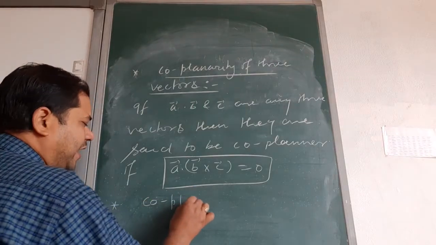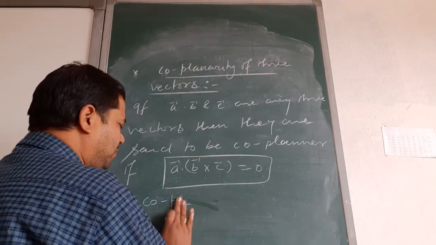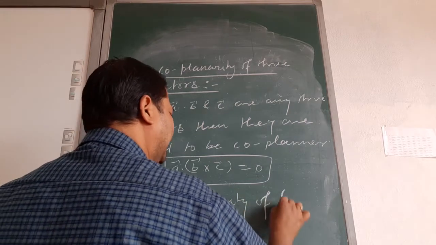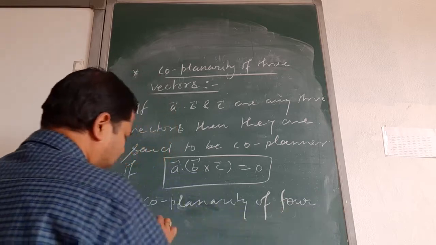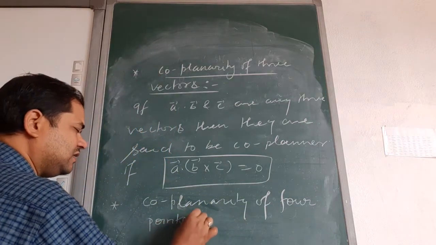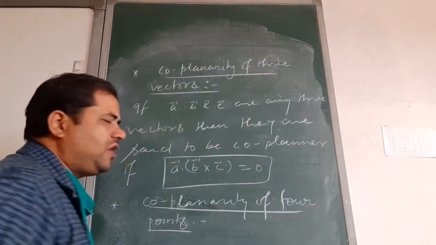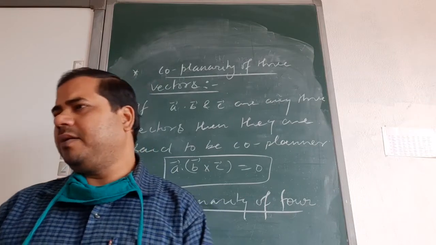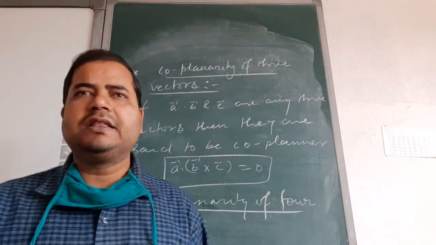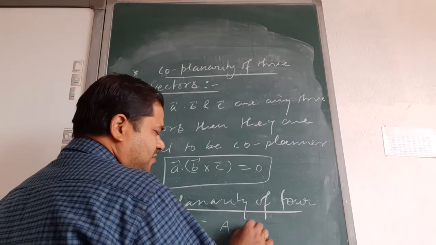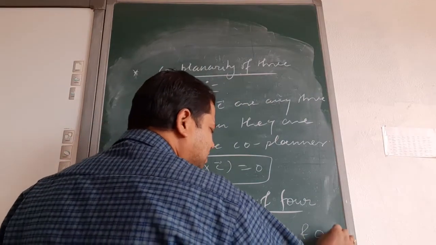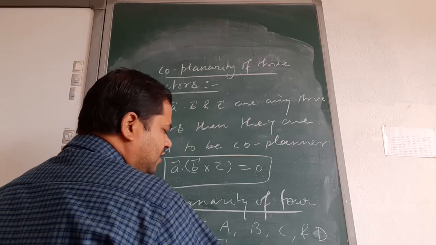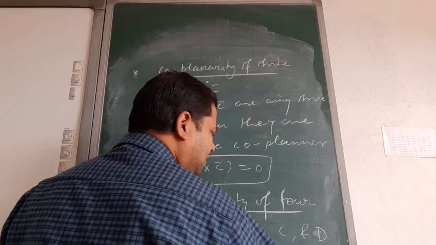Coplanarity of 4 points. Okay? Actually, if you are given 4 points, suppose A, B, C, D, then these are nothing but the position vectors of A, B, C and D. That means OA, OB, OC and OD.